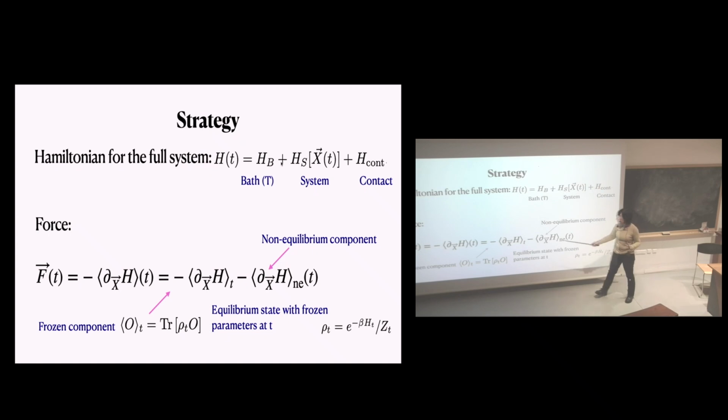This is the component that corresponds to a quasi-static description, where I change the parameters and take a snapshot of the values at time t. These are basically a sequence of equilibrium processes defined by the Hamiltonian evaluated with the values of the parameters at different times.